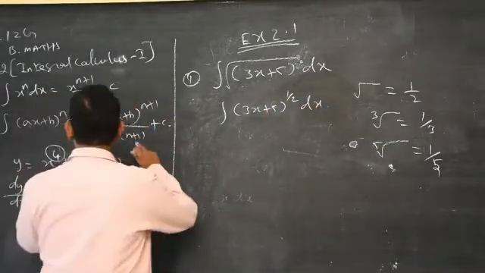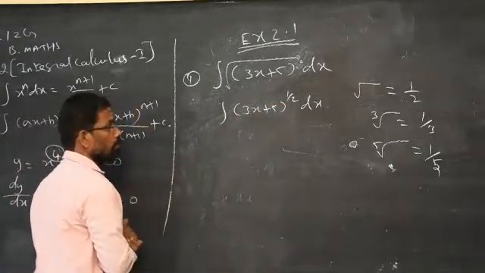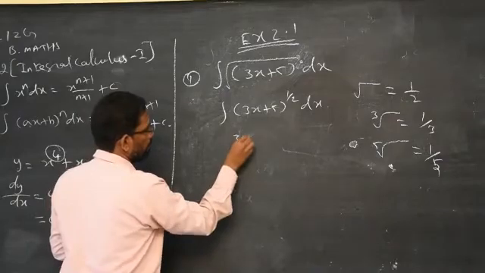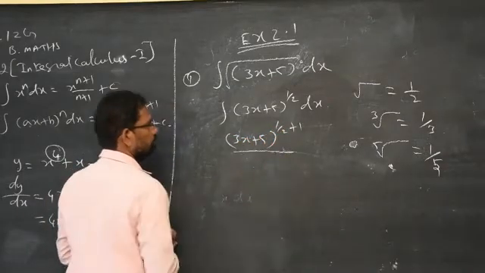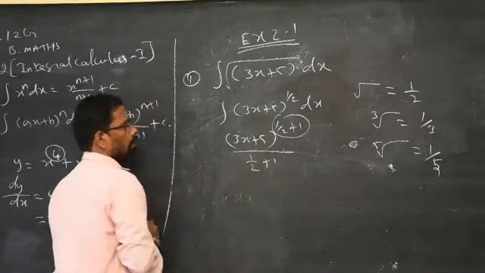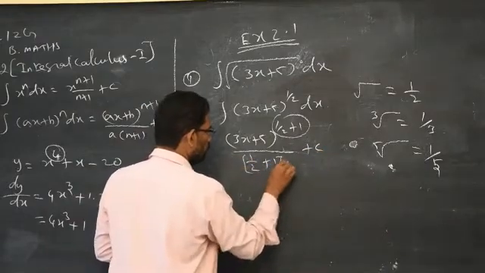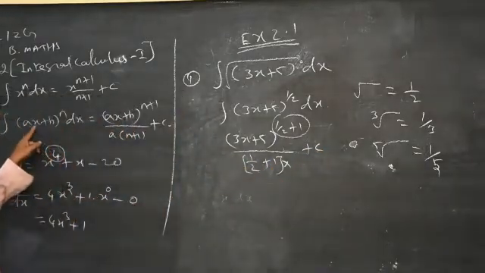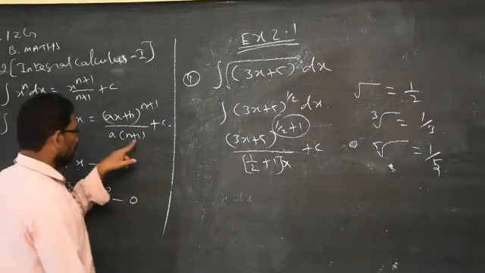Now integrate by using the second formula. Add 1 to the power. 1 by 2 plus 1, how much? 1 by 2 plus 1. The same should be in the denominator. Plus c. It's not over. According to the formula, what is the constant along with the x? A. So a into n plus 1.